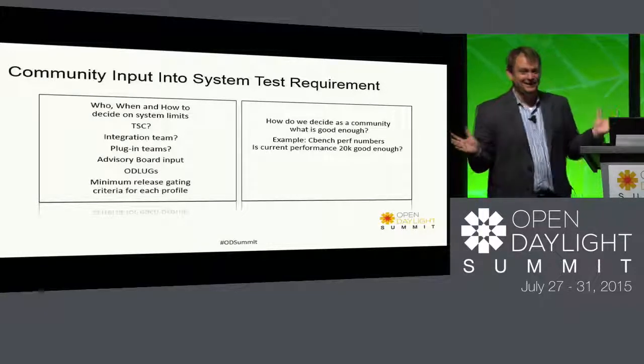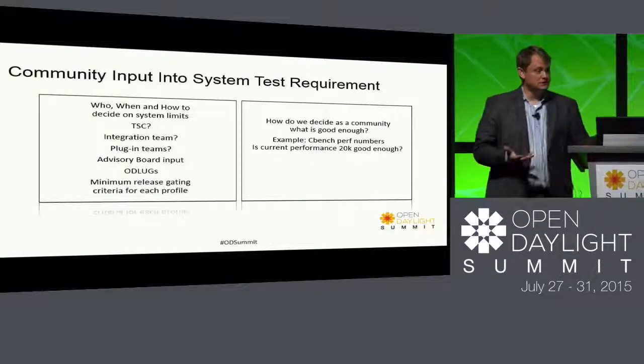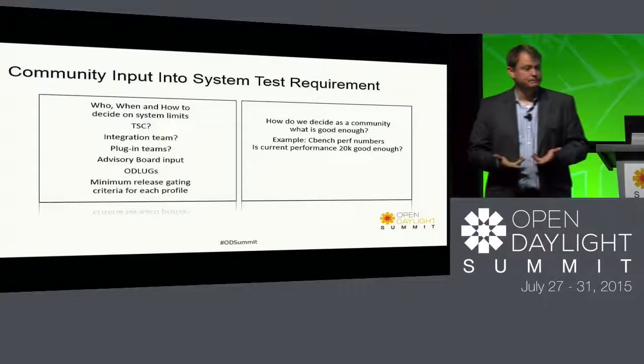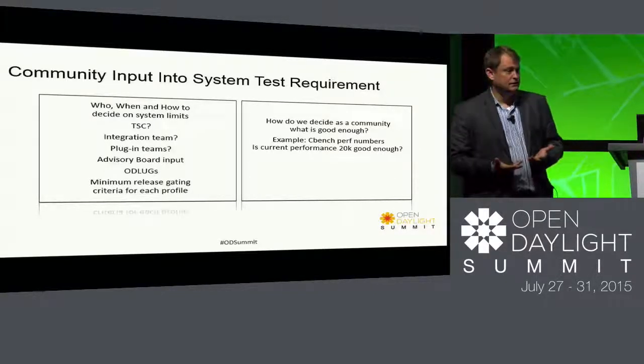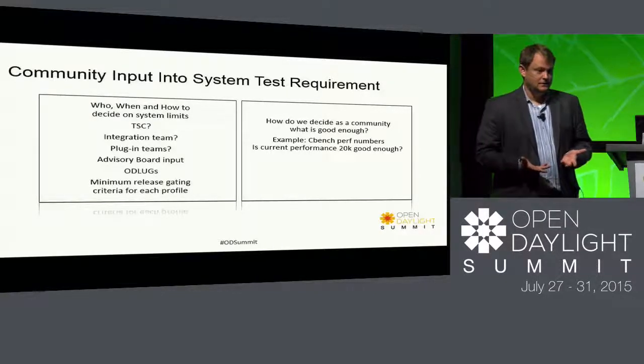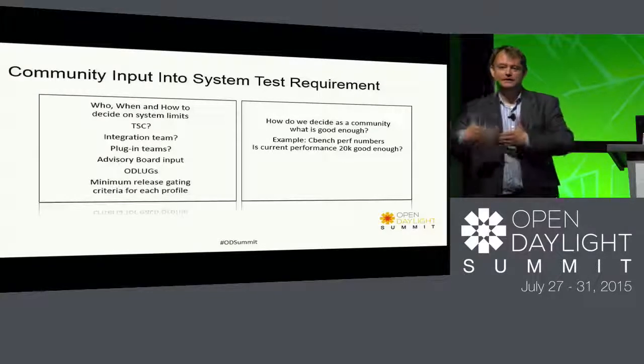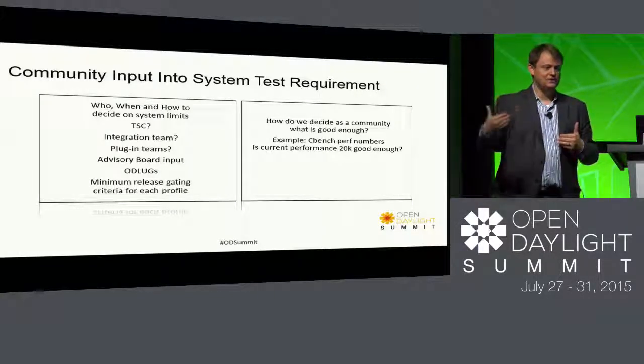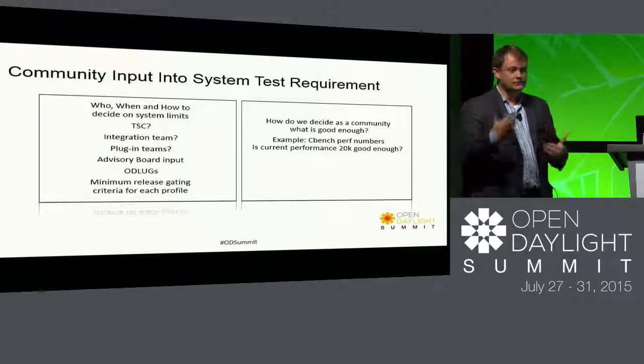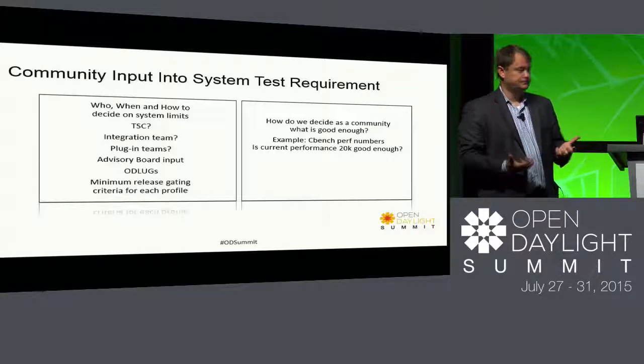Should we make this a question to the advisory team, or the TSC? Again, I'm not saying that we have all of the answers here, but we would like to start that conversation.